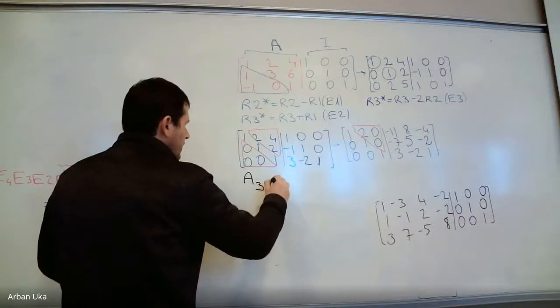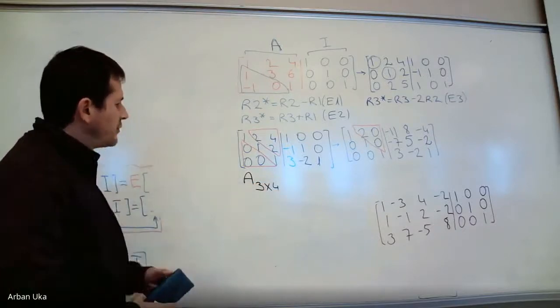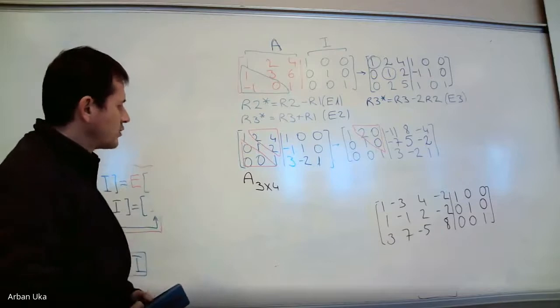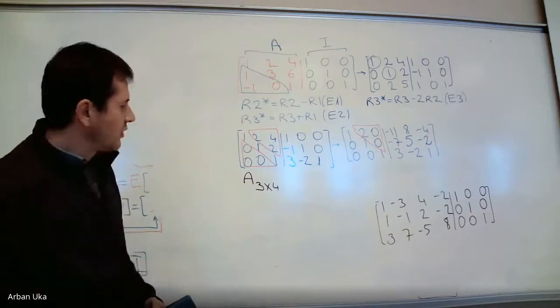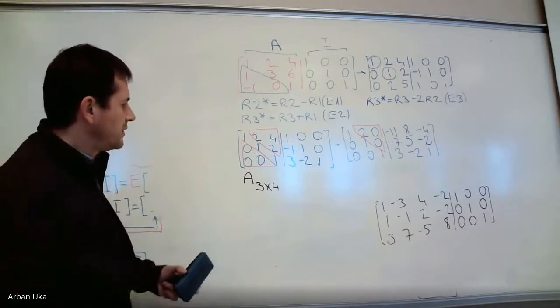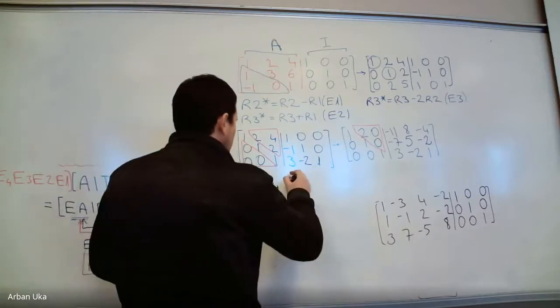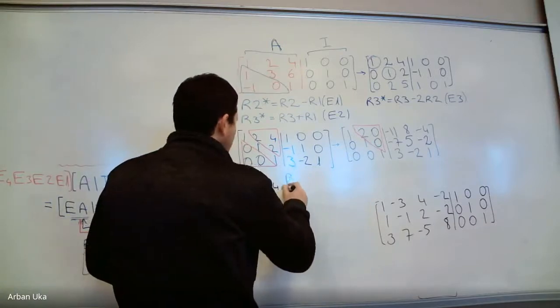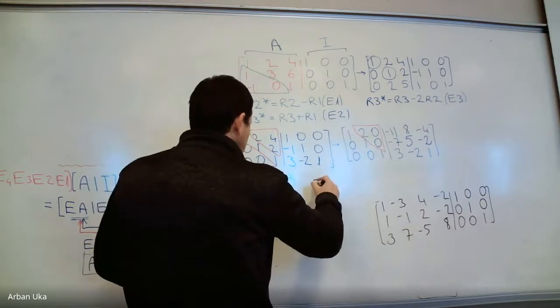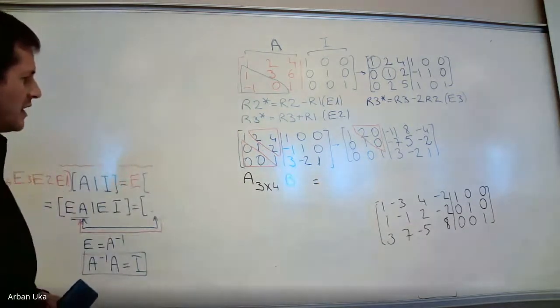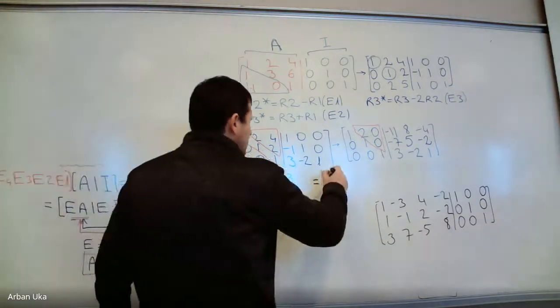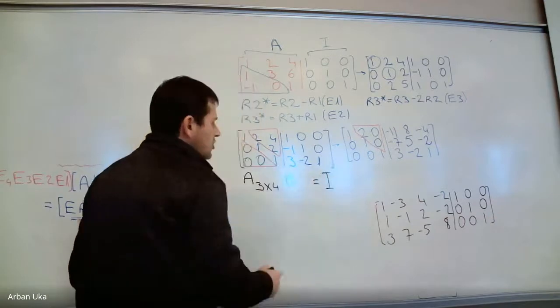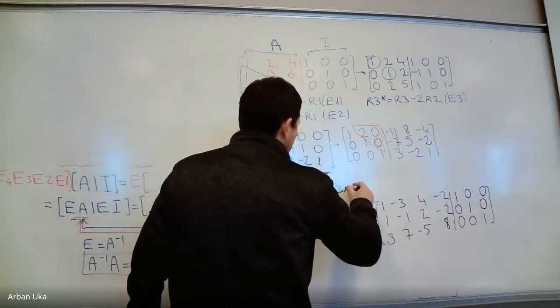That's correct, 3 by 4. And then, in principle, we have to multiply this one with some other matrix. Let's call this matrix B. We don't know the dimension, but the answer is going to be equal to the identity matrix, right? Traditionally, this is 3 by 3.